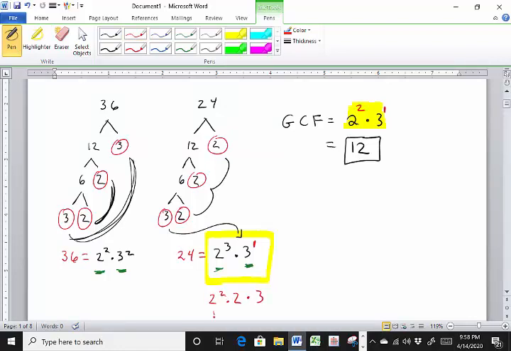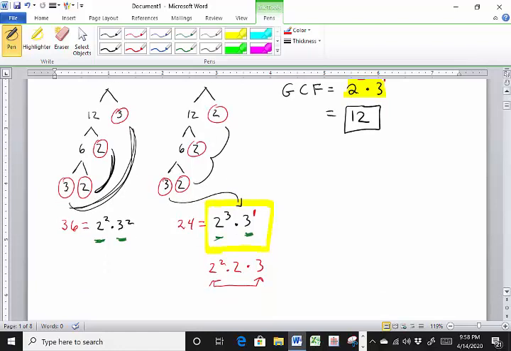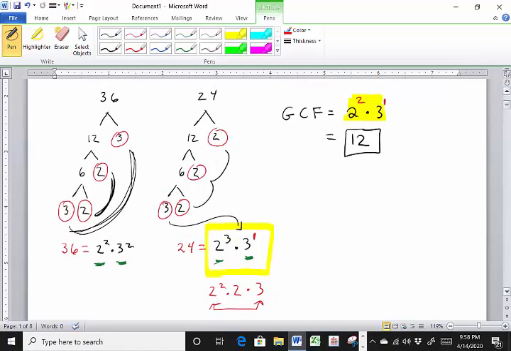Well, there's the 2 squared times 3 right there. So we know that 2 squared times 3 is contained in 24. And then we come over here to the 36, and do we see a 2 squared? Yeah, there's the 2 squared. And then the 3 is contained in 3 squared, right? Because we can really write this as 2 squared times 3 times 3.